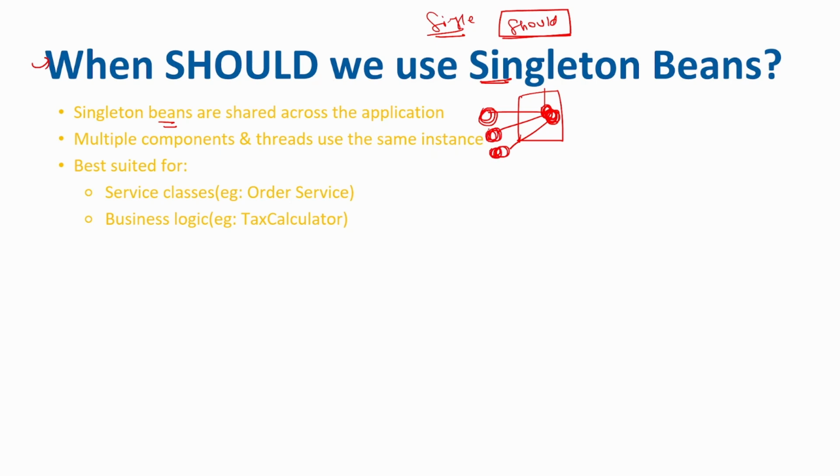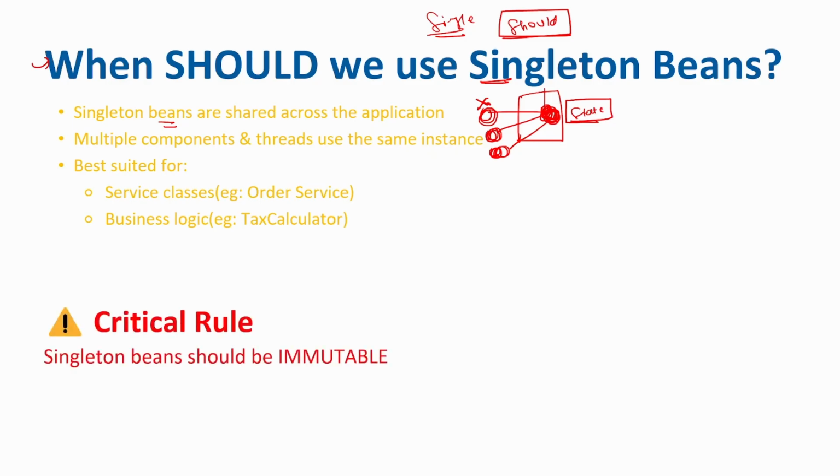That's why we shouldn't modify any state of the singleton bean. Therefore it is best suited for service classes and business logic, and not for any component that is holding or modifying any state.